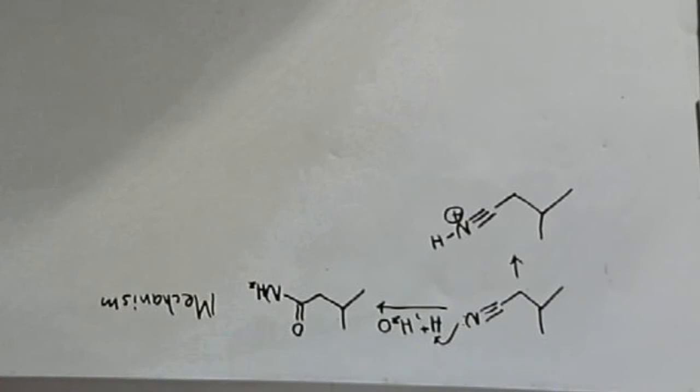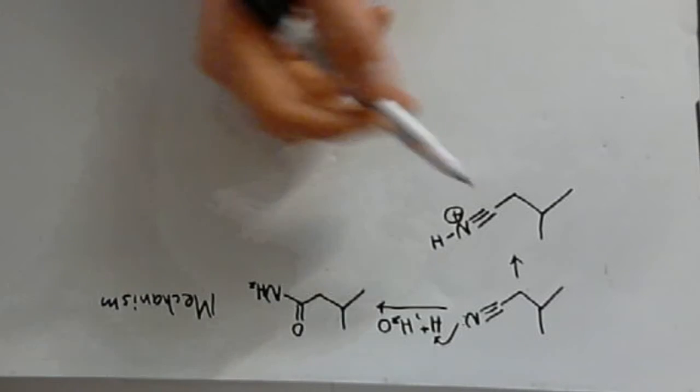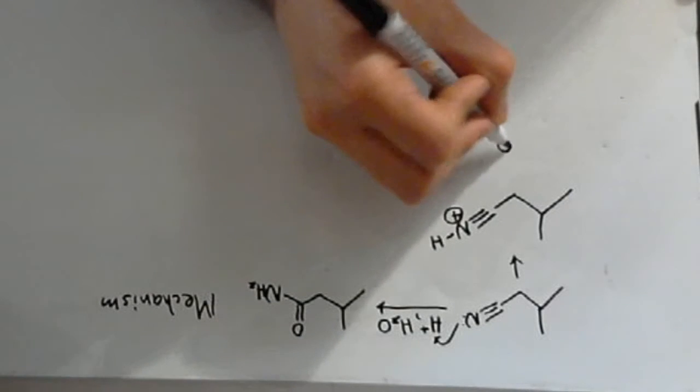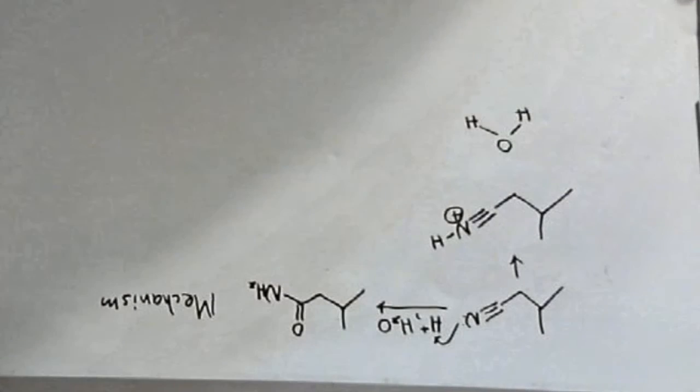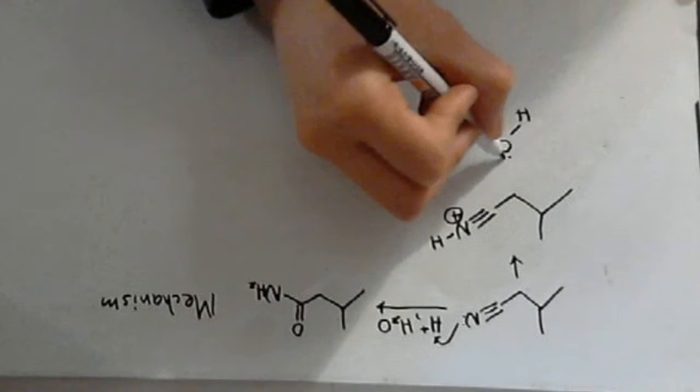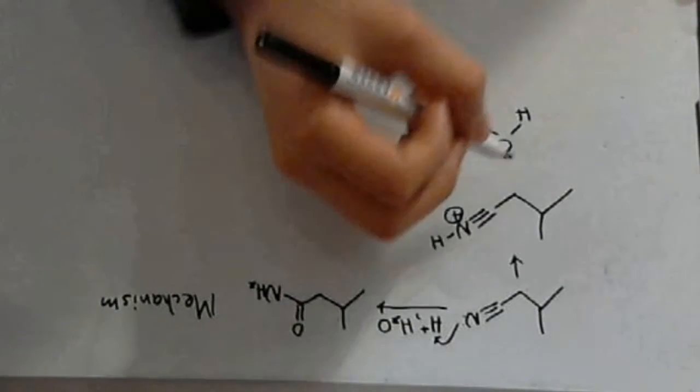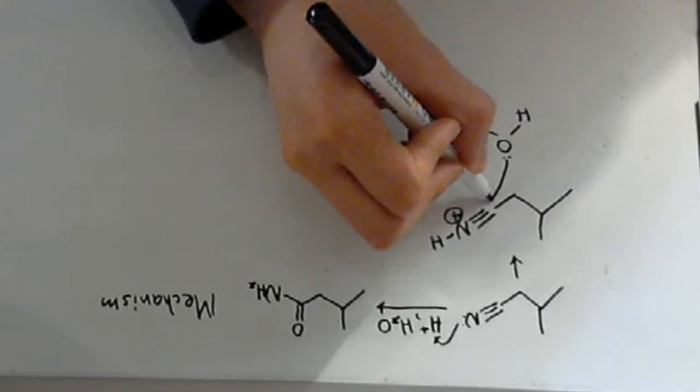So it's electrophilic. So what we're going to do is grab our nucleophilic atom, which is water, and we're going to attack that carbon right there. So we're going to grab water. Water has lone pairs, and it's going to attack that electrophilic carbon.